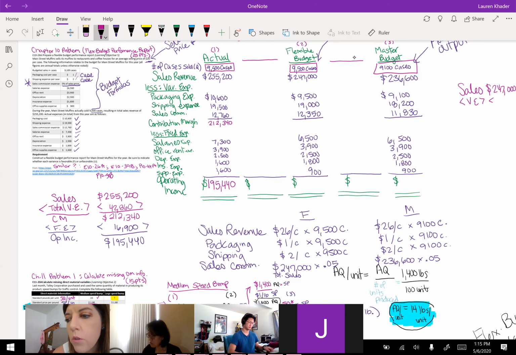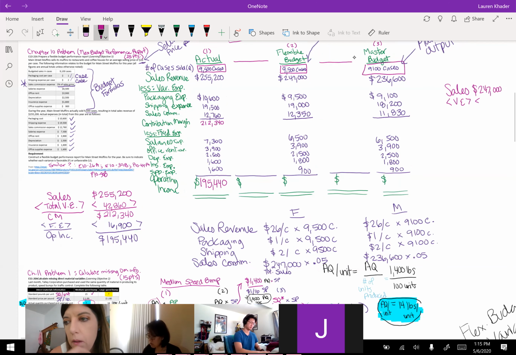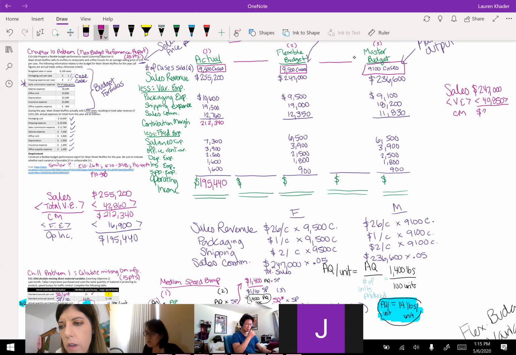How much in total variable expenses did you have for the flexible budget? 40,850. Yes, sorry, I was looking at the fixed expenses. And your CM that you calculated? 206,150. Correct.